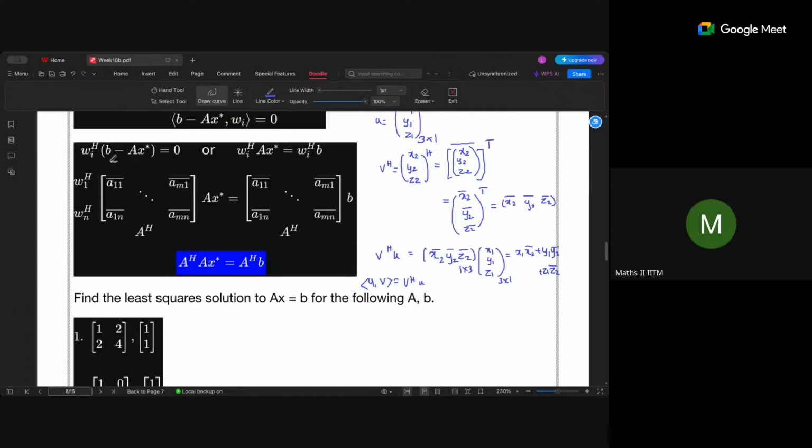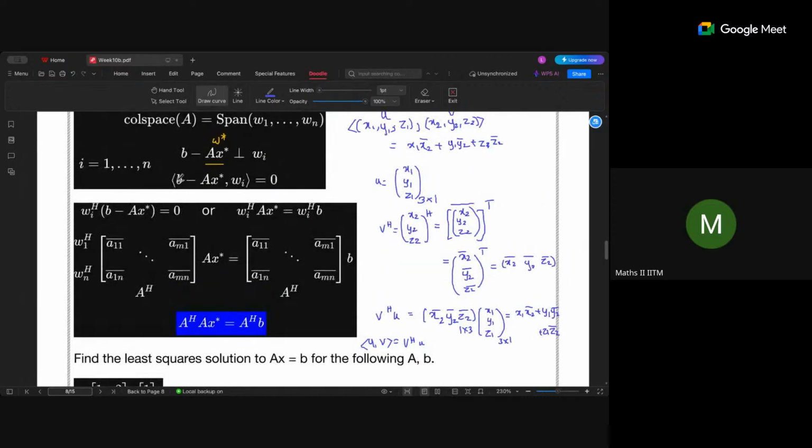Now I guess this part is clear: you have the inner product of B minus Ax star with Wi equal to 0, which can be rewritten like this. After rewriting, we are just splitting the terms. So you have WiH B minus WiH A x star equal to 0, which implies this. I'm just bringing one term to the other side. So you have W1H, W2H, WnH. Each of these is your WiH, and this is your AH.